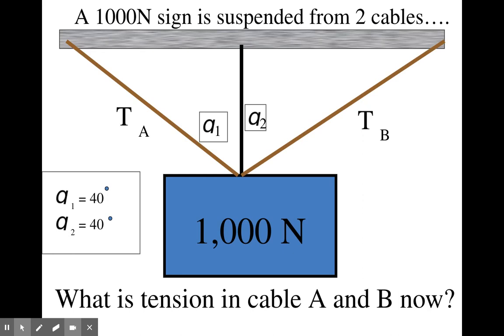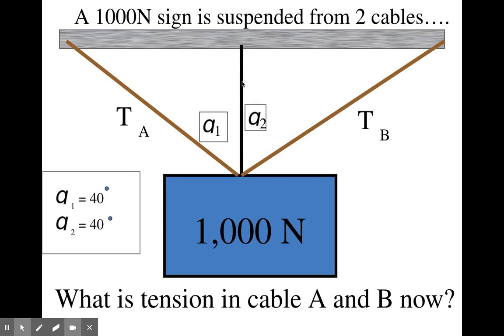Because we tend to have our signs hung at an angle. We tend to not hang things straight down at times. So, what would the tension be on the cables now? Well, let's just pretend this 1,000 Newton or 100 kilogram box times gravity would be 1,000 newtons.